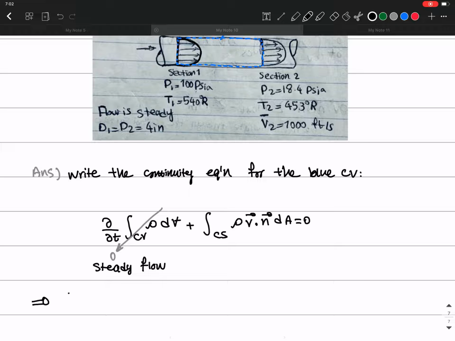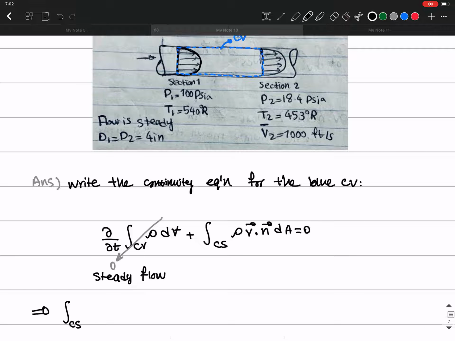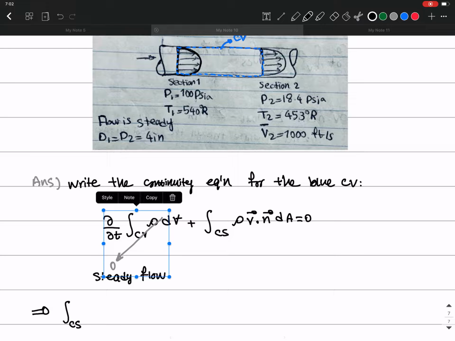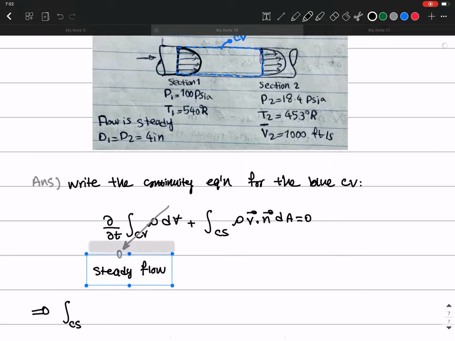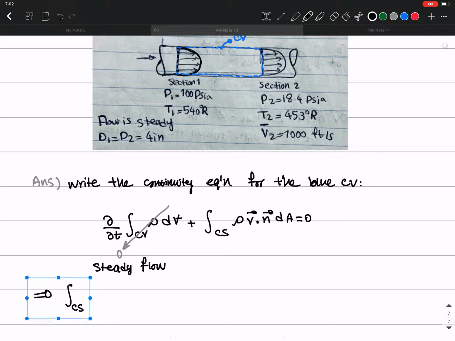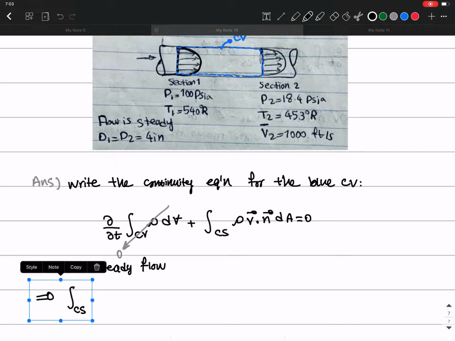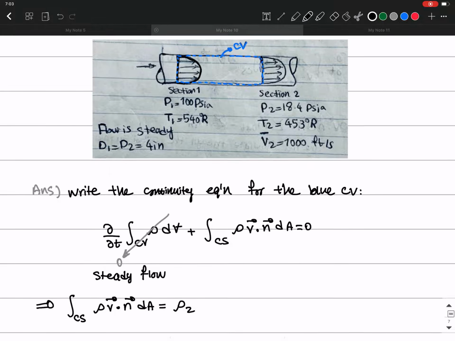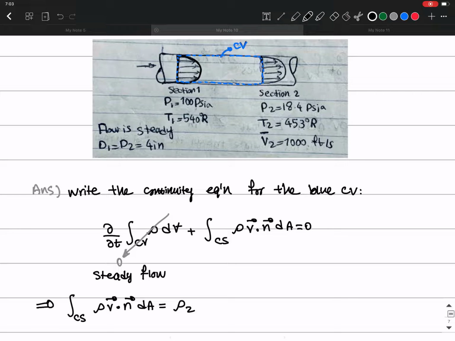So the other term is the integral over the control surface of this control volume, of rho v dot n dA, which equals, for the control surface, how much is going out of the control surface?